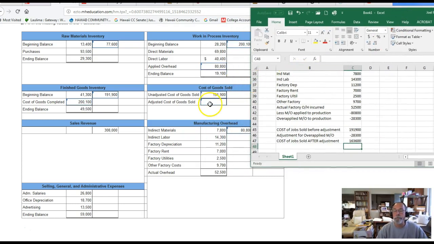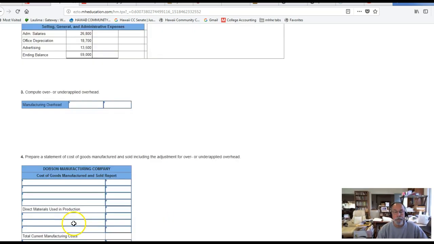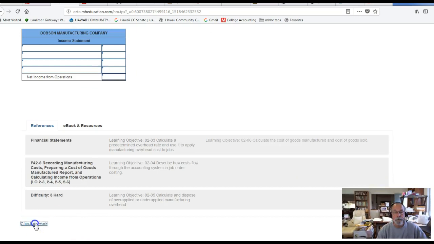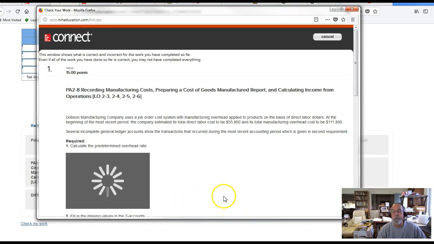And so let's plug that in there and cross our fingers and check my work. And let's hope that what we just did there is correct.